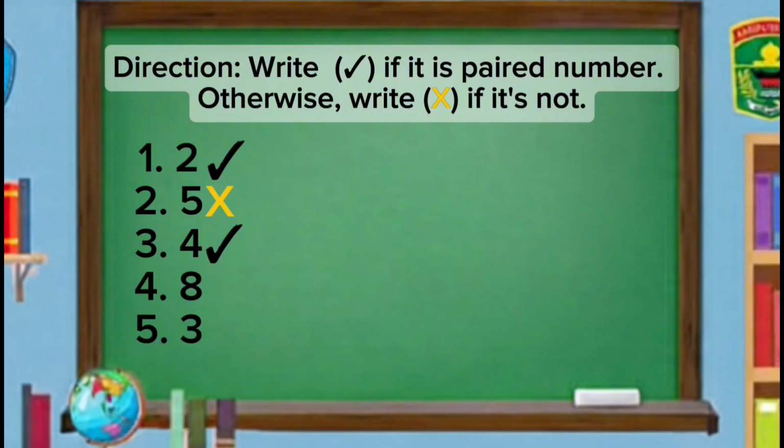Is 8 a paired number? Very good. It is paired number because if we pair 8, we have 4 pairs. What about number 5? Is 3 a paired number? No. Very good. Because if we are going to pair 3, there is 1 left.